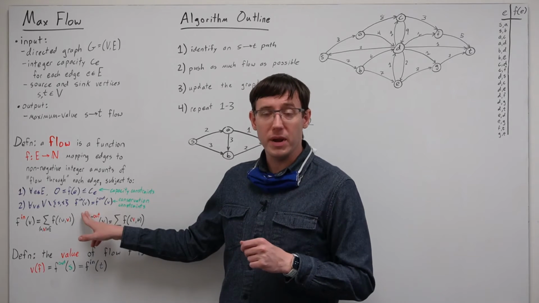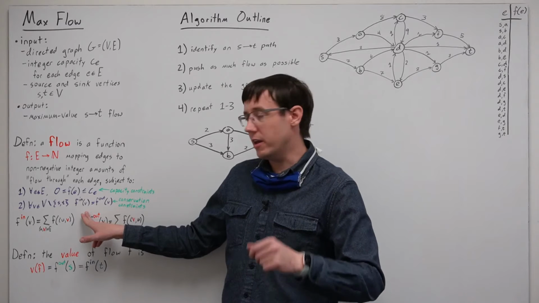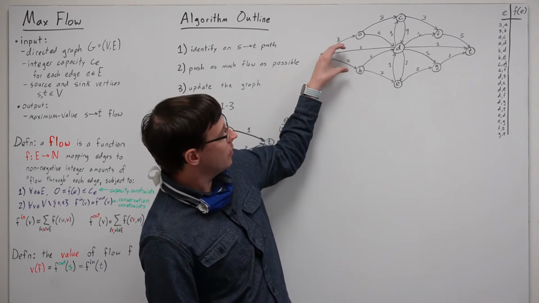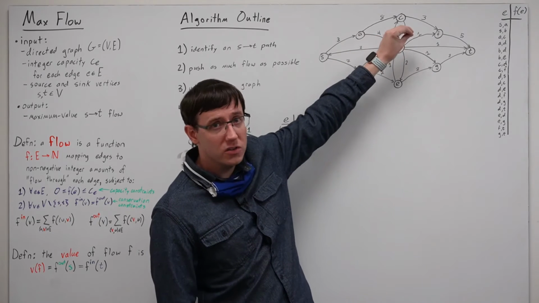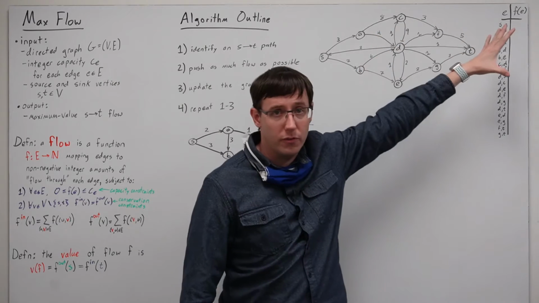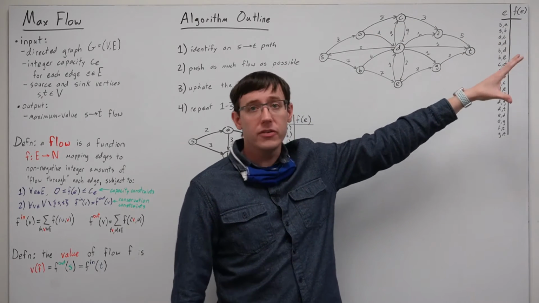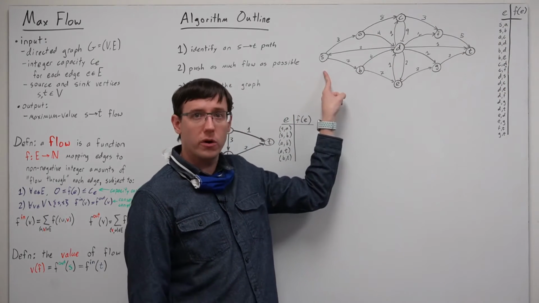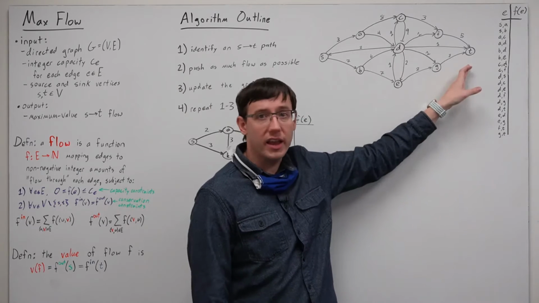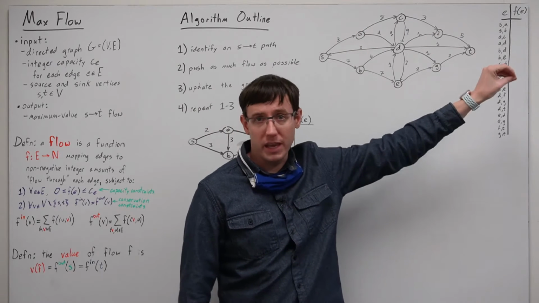We represent that mathematically by saying that for every vertex, the total amount of flow coming into the vertex has to be equal to the total amount of flow going out of the vertex, unless that vertex is the source, which can have more flow coming out, or the sink that can have more flow coming in.